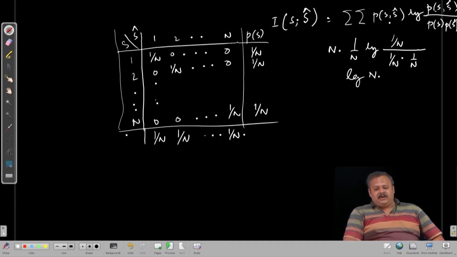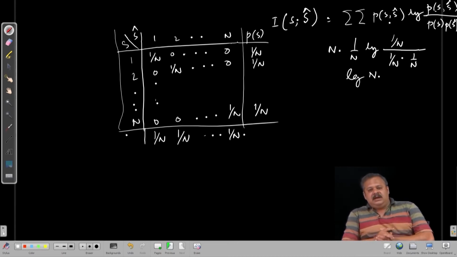Now, what is log of capital N here? It is simply representing the entropy of the random variable S, because it has capital N equally likely values and its entropy is log N. We also know that the maximum mutual information between two random variables in this discrete case is the minimum of the entropy of the two random variables.